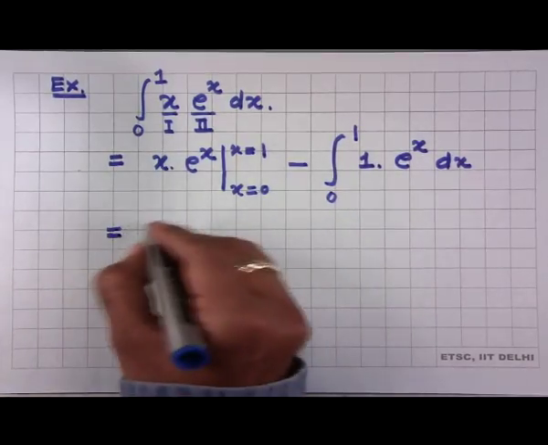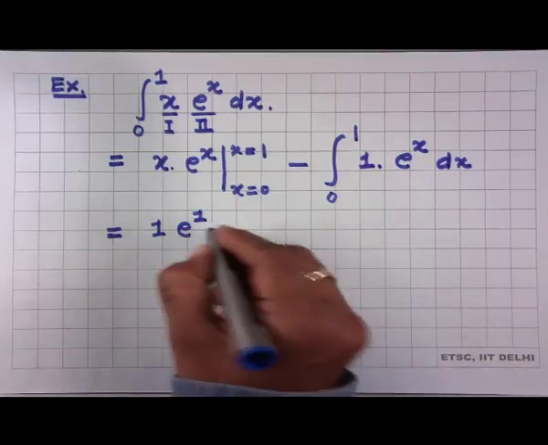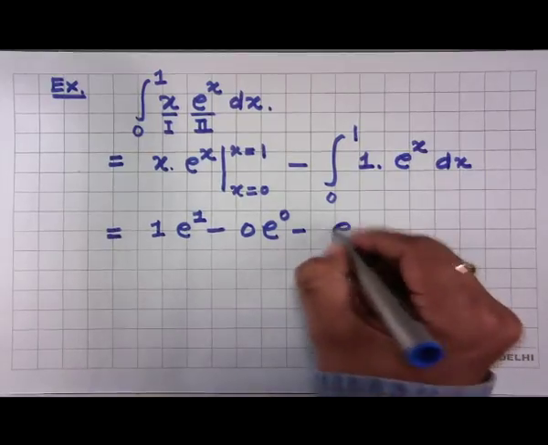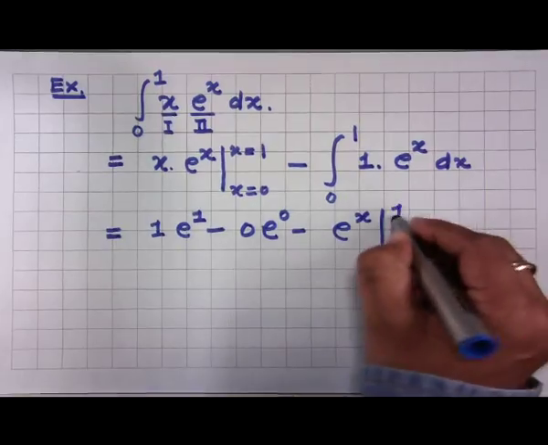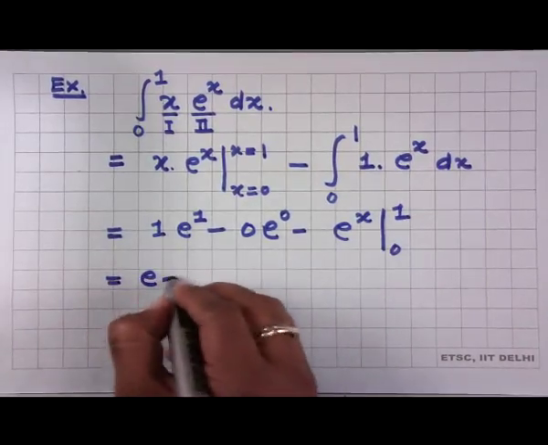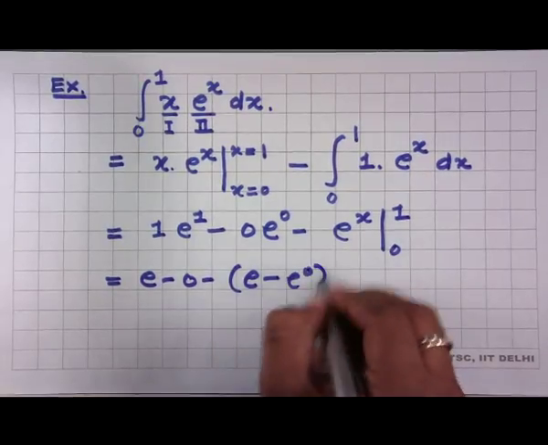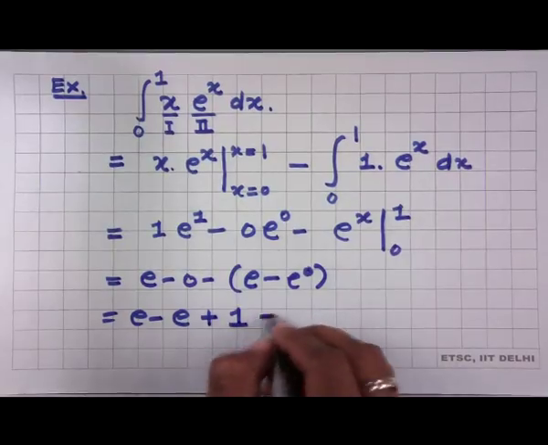So we get 1 minus 0 minus e to the power x, integration of this is e power x, from 0 to 1. So we get e minus 0 minus e minus e to the power 0, which is e minus e plus 1. So answer is 1.